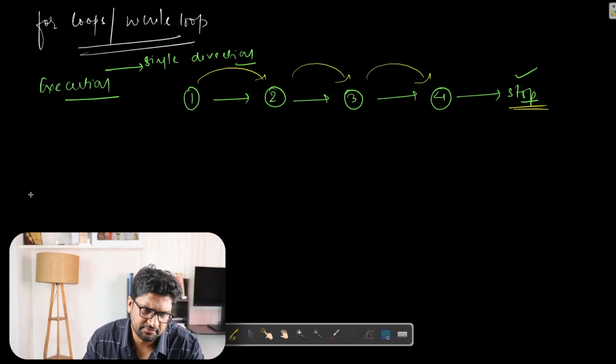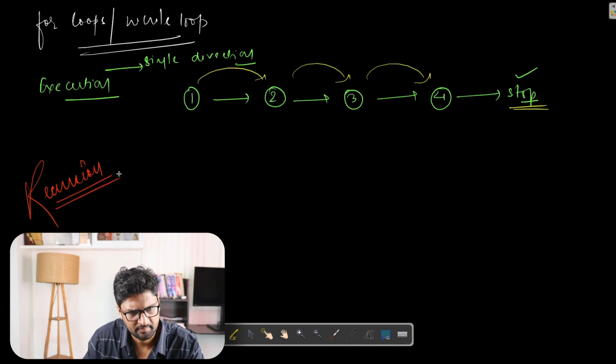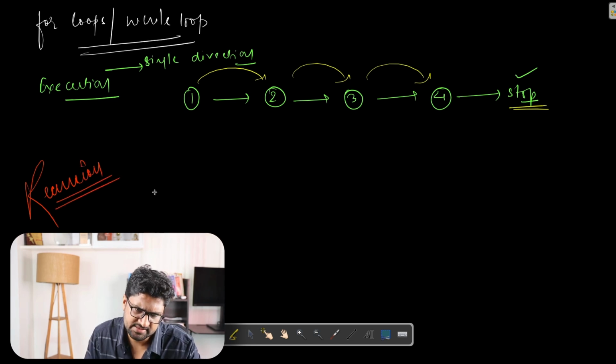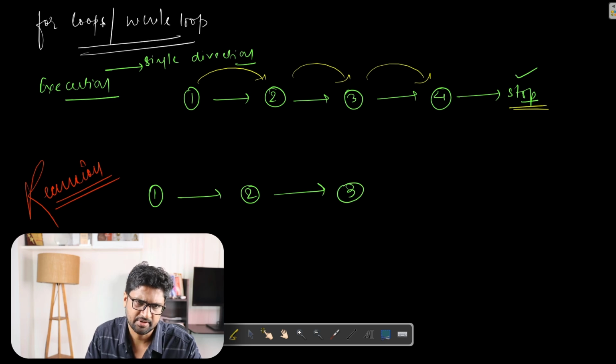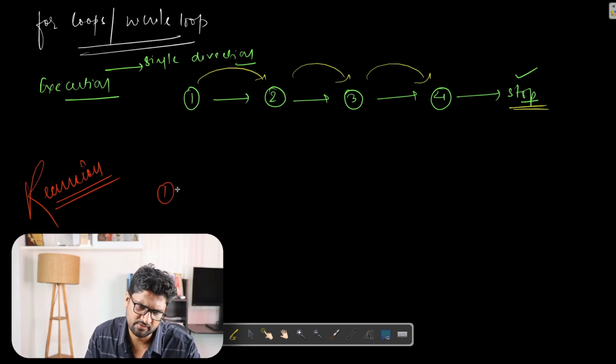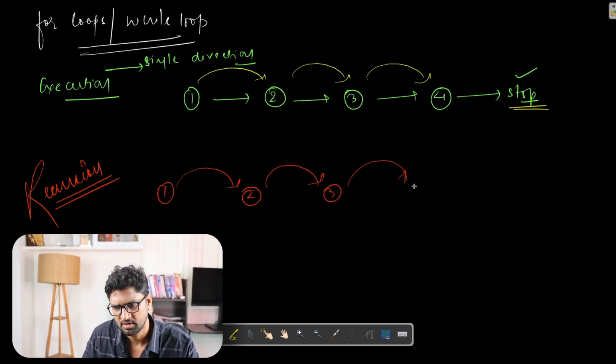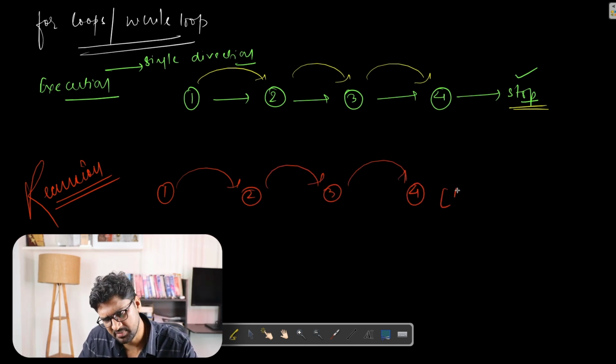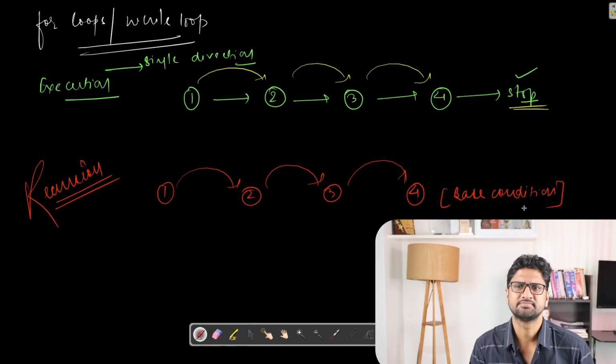Whereas in the case of recursion, what happens? You go from step 1, you go to step 2, you go to step 3, right, like this. Let me write in a better way in another color. Let's say step 1, from step 1 you go to step 2, step 2 you go to step 3, step 3 you go to step 4 and here you hit the base condition. So when you hit the base condition, you don't stop there.